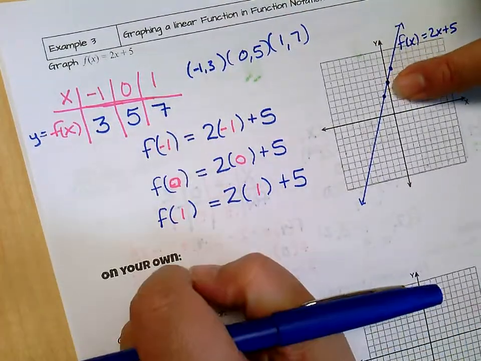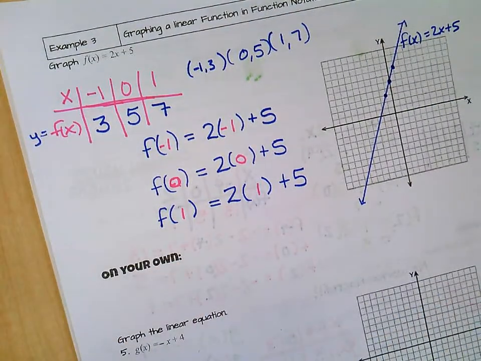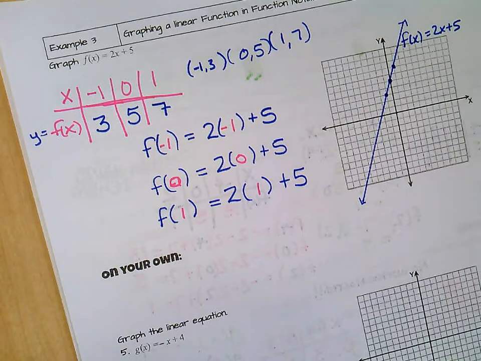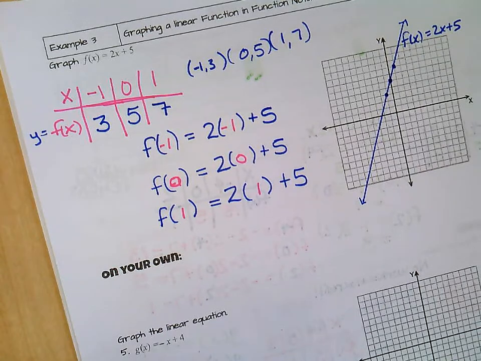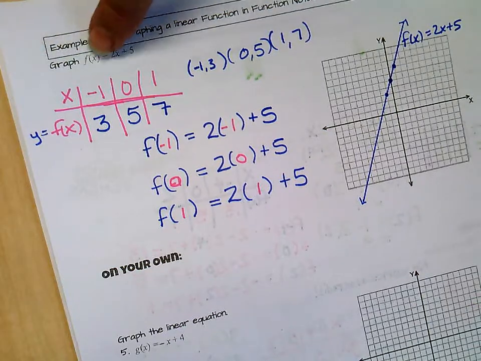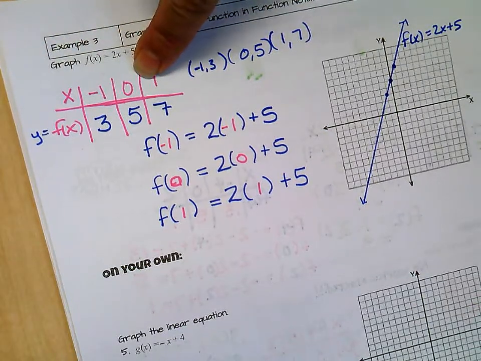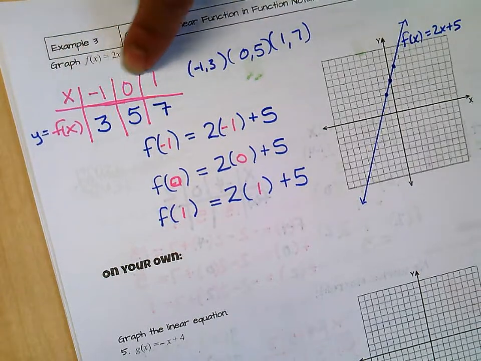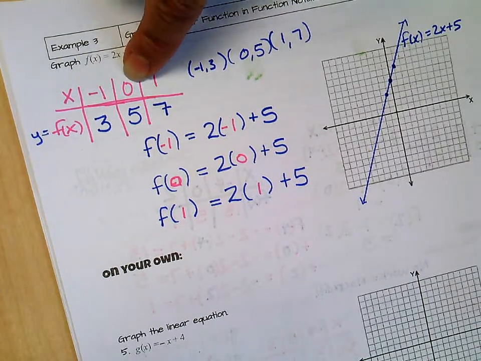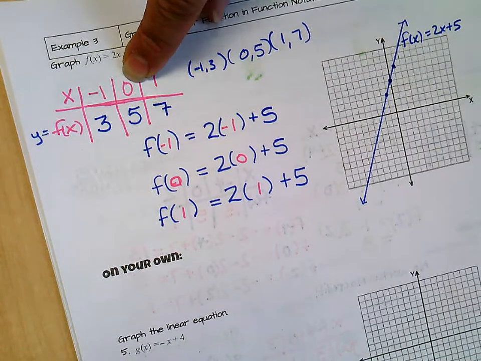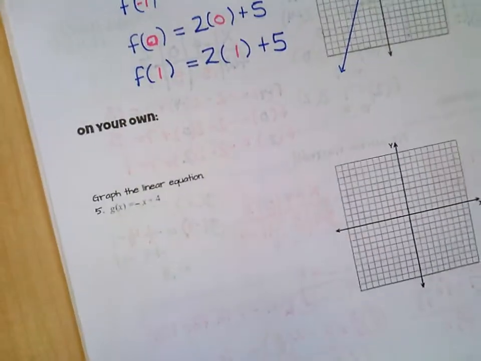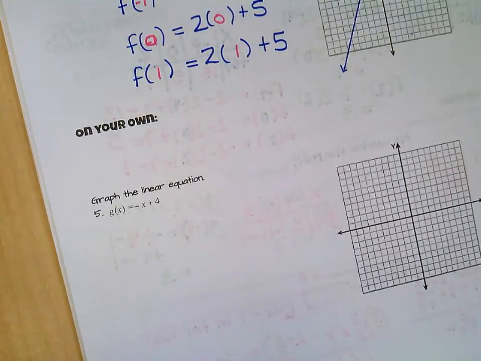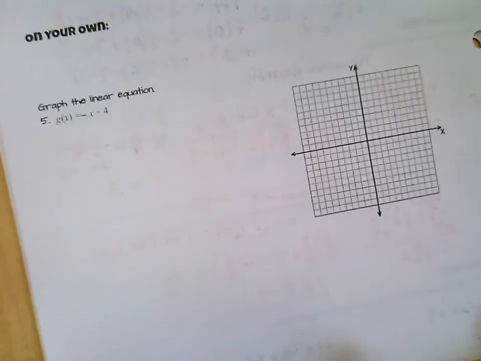And then I plotted each ordered pair, and then I drew my line. Okay? How about you try that for number 5? Please understand that these numbers, I pulled out of the air. You can choose any numbers you want for your x values, okay? So try number 5 on your own.